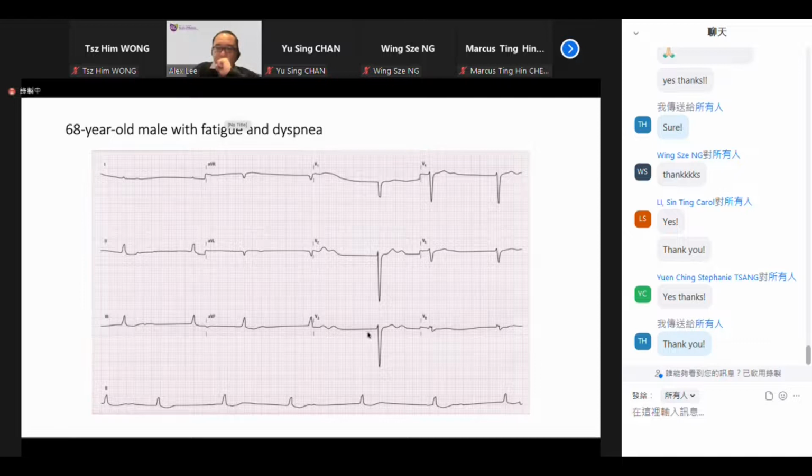I'm not too sure. What is this wave here and here? So the isoelectric line, is it a U wave? Why do you think it's a U wave? Because it is down sloping, so probably hypokalemia.